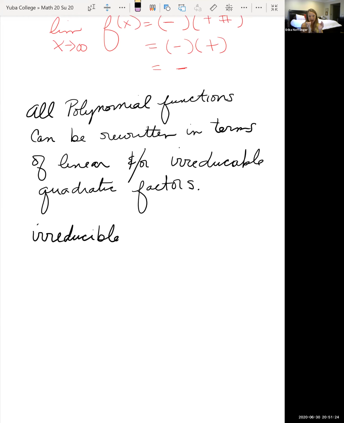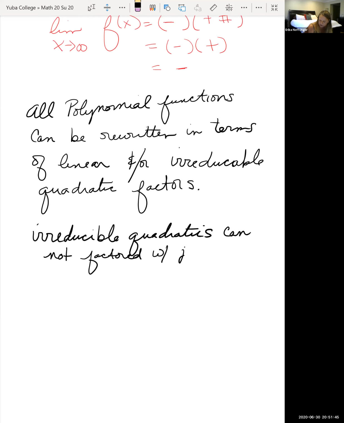So it's not factorable over the real numbers. So irreducible quadratics cannot be factored with just real numbers.